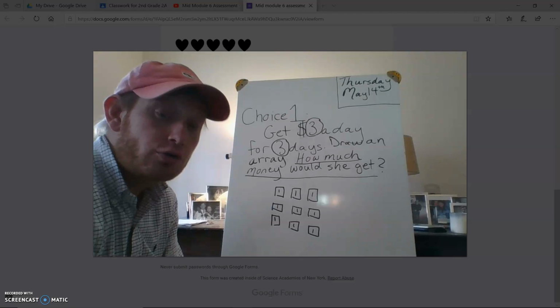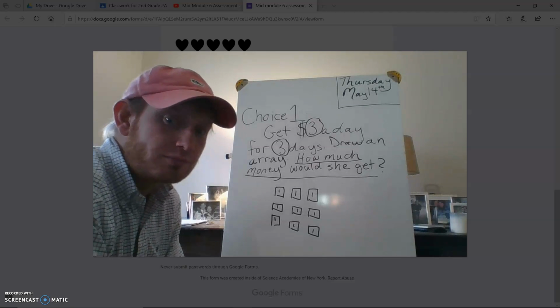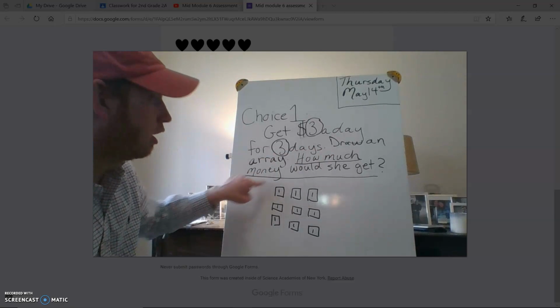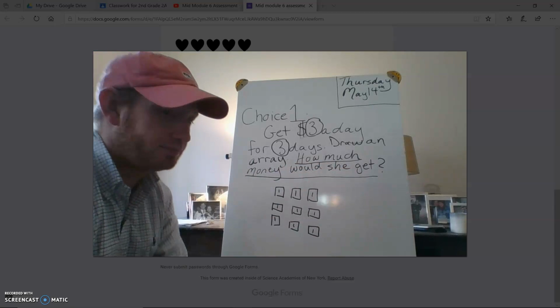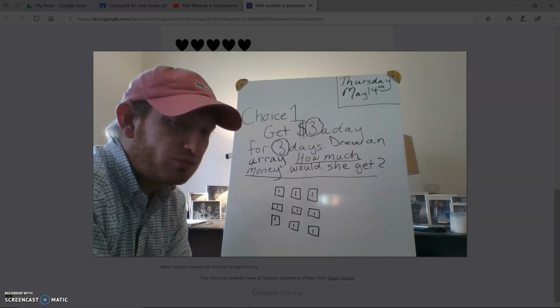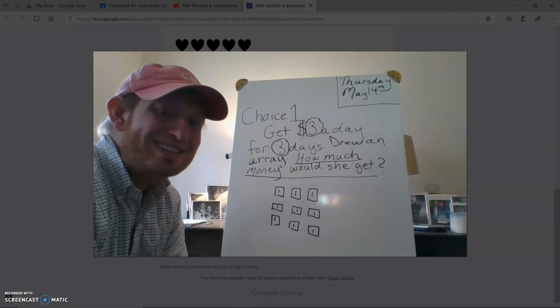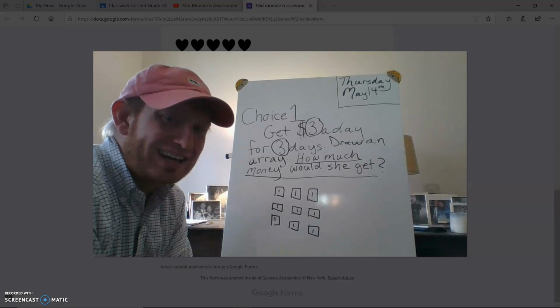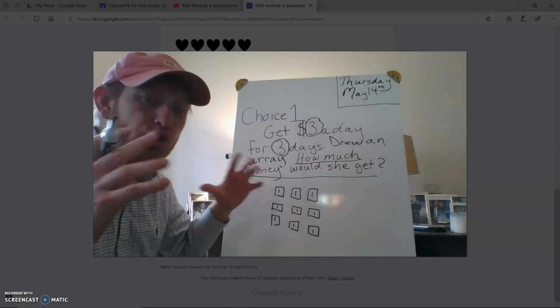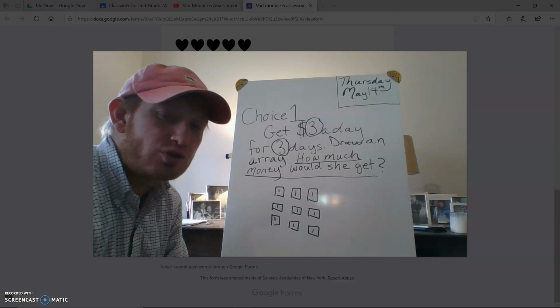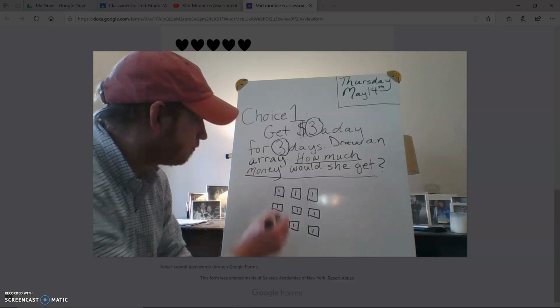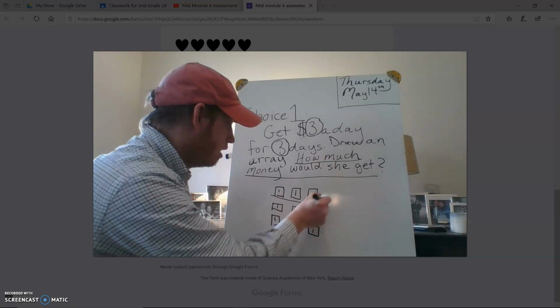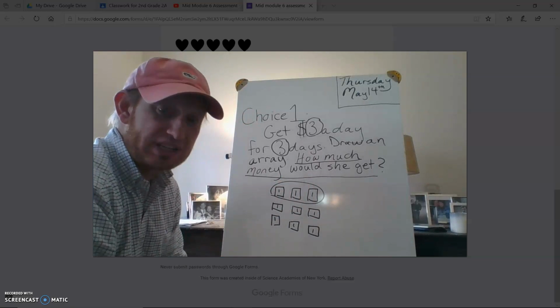So now that we've drawn our array, we go to the question. How much money would she get? So this is asking us to add. It's asking us how much in total would she get after those 3 days? Well, day 1, she's getting $3.